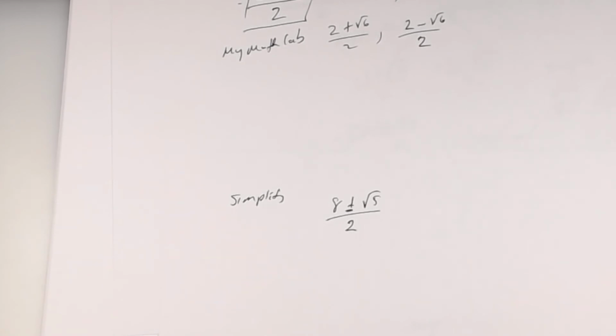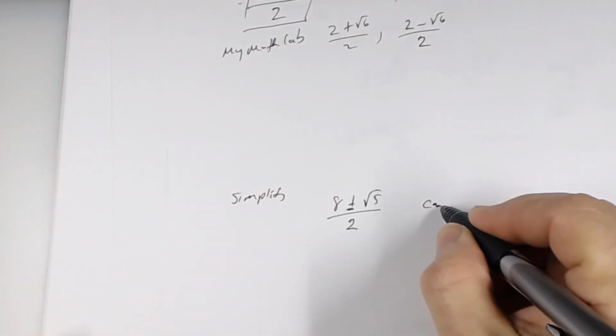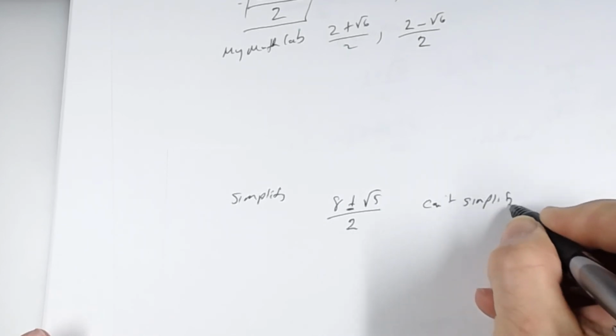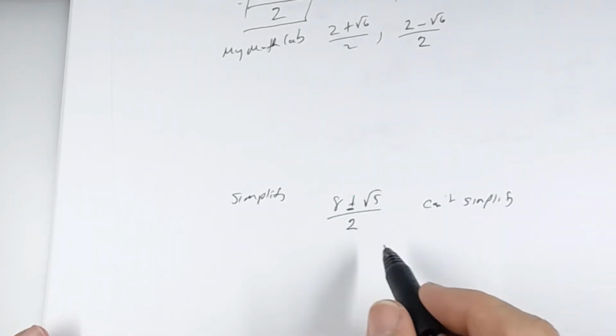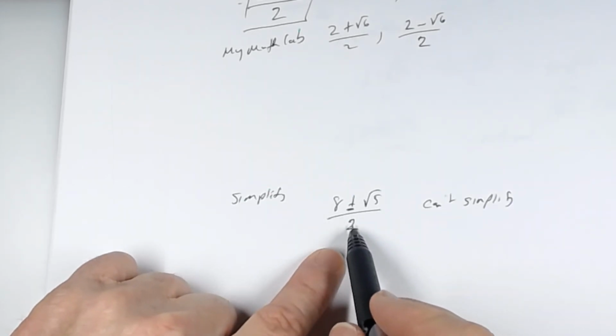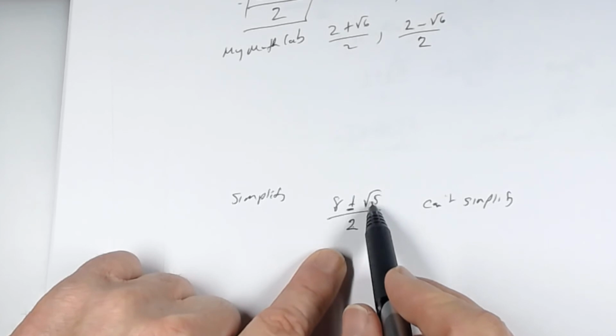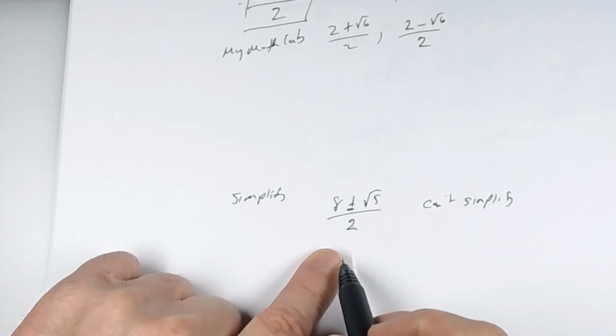And just leave it as one fraction. Can I simplify this? No. Cannot simplify this. So you cannot simplify. You may say, what about the 2 and the 8? Well, you got to be careful because 2 is divided into 8, but also 2 is divided into what? Square root of 5. Okay?